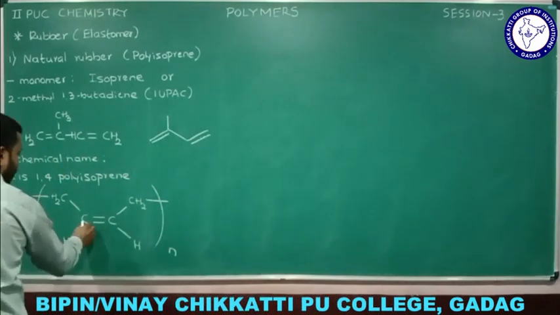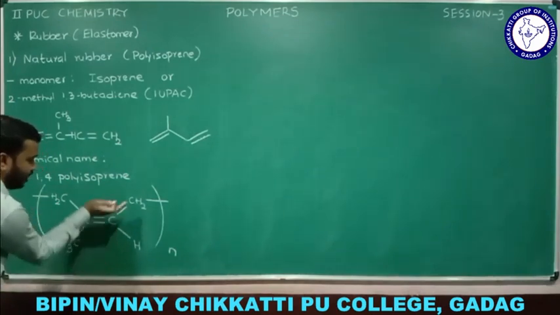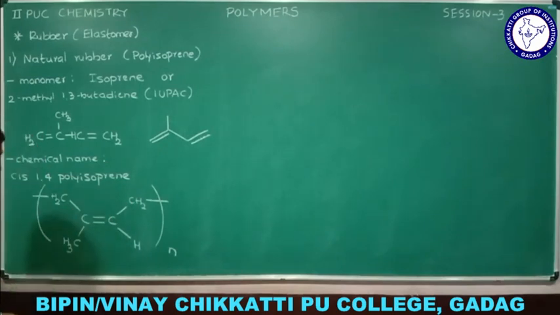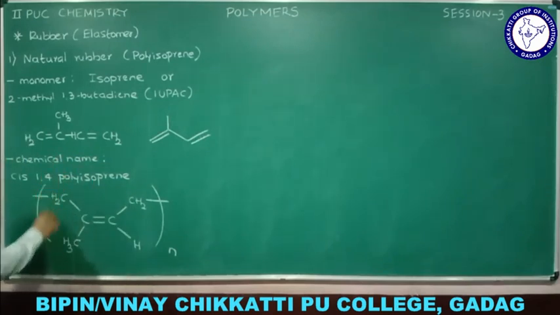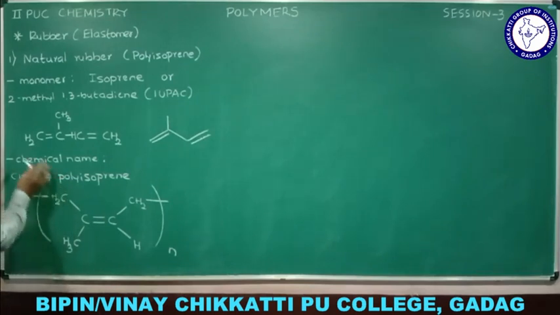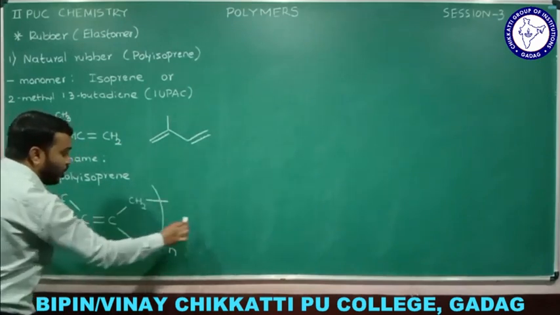So now look over here. Here we have a carbon-carbon double bond, then we can say whether it is cis or trans. If you consider the carbon-carbon double bond, this is one side and this is the other side. If the same groups are present on one side of the carbon-carbon double bond, we call it cis. So here this is one group, of course it is CH2, and along with it we have a large group here, and CH2 with a large group here.